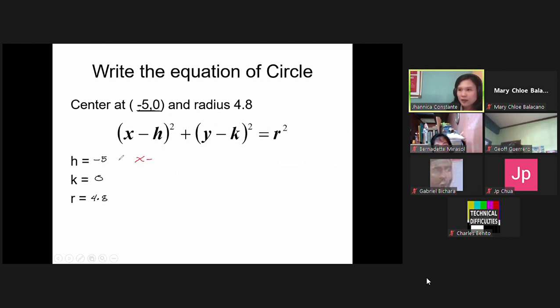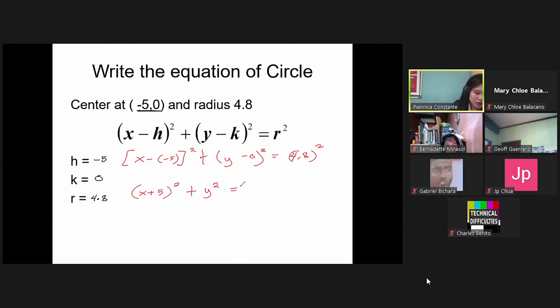So we have (x - (-5))^2 + (y - 0)^2 = 4.8^2. So x - (-5) will become x + 5, squared, plus y - 0 is equal to y, so we're going to have y squared, equals 4.8 squared, which is equal to 23.04.